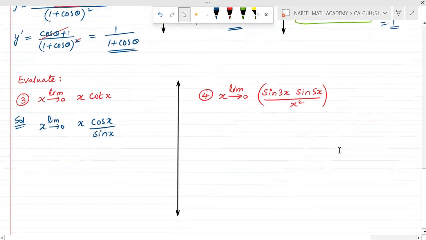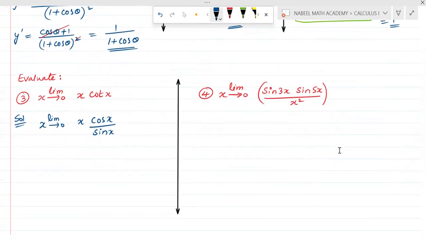How will you use it? You have a limit, so I can bring this part down. Limit as x approaches 0, cosine x over sine x over x. Is it right? So you can write it like this, the same thing, the x goes to the numerator. Now apply the limit to the up and down.